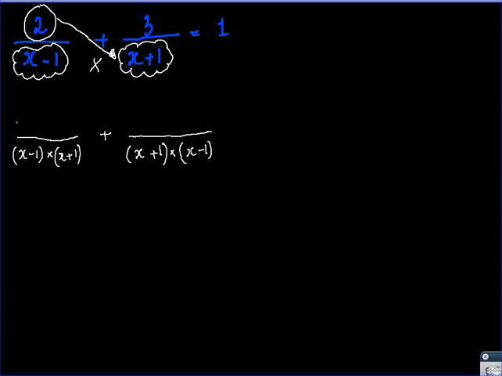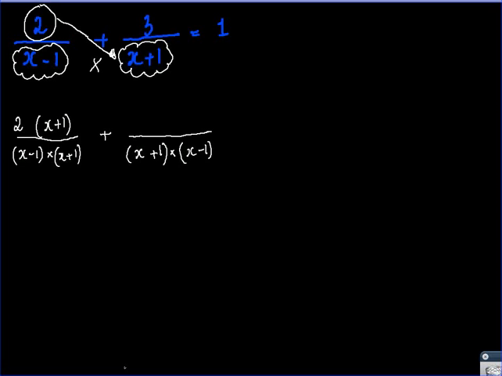So at the top of this fraction, I'm going to have 2 times x plus 1. As a future reference, when you multiply a number with a bracket, you don't need a times in between, so I'm going to remove the times. I'm left with 2 brackets x plus 1.